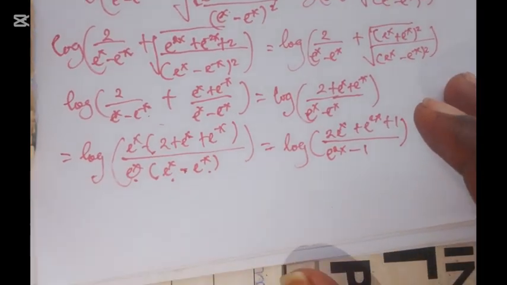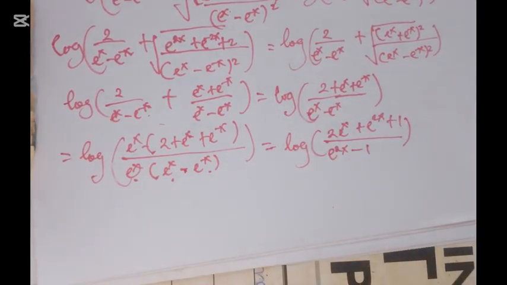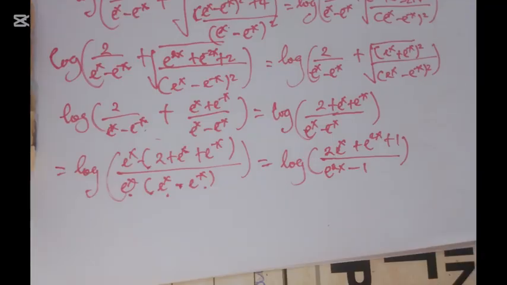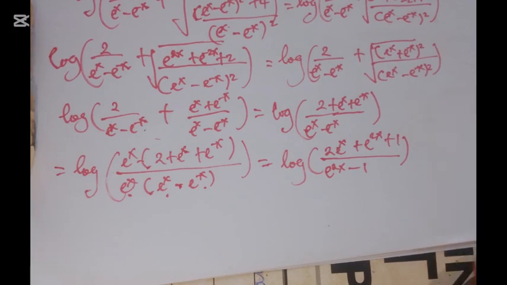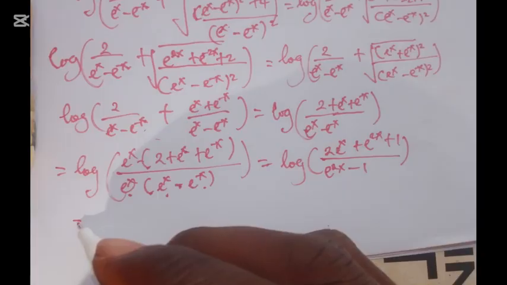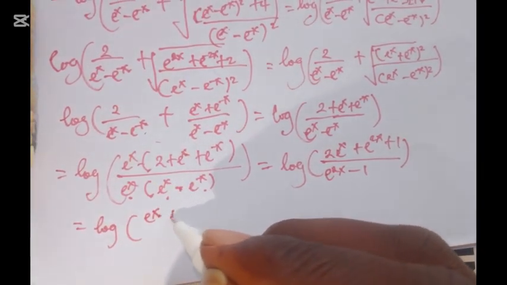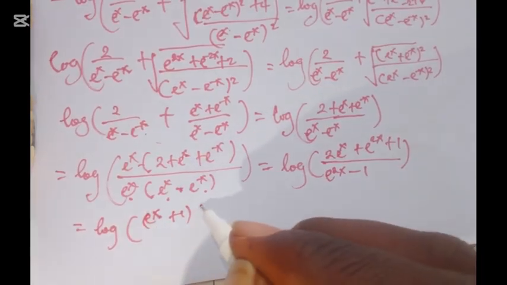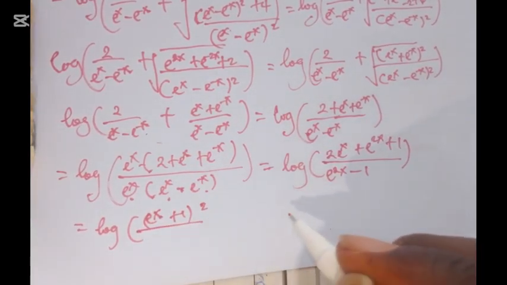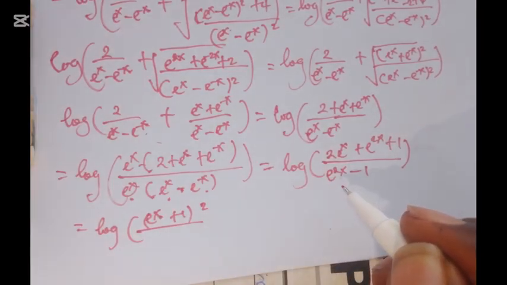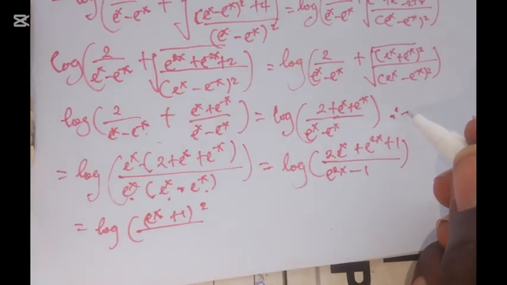Now, if you factorize 2 exponential x plus exponential 2x plus 1, that will surely give us exponential x plus 1 to the second power. All right. So finally, we have log exponential x plus 1 to the second power, then over. Now, we also factorize this denominator exponential 2x minus 1, difference of 2 squares, a squared minus b squared.